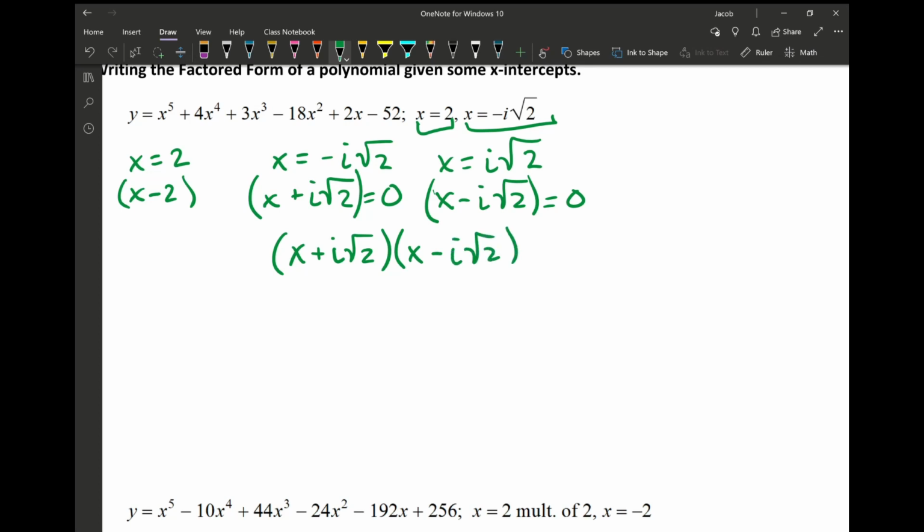And you might have seen something like this before, where we have x squared plus i radical 2x minus i radical 2x, and then minus the i radical 2 times i radical 2, which is i squared. Radical 2 times radical 2 is 2, so I'll write this as 2i squared.